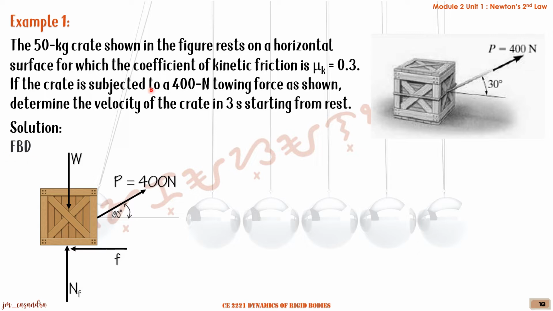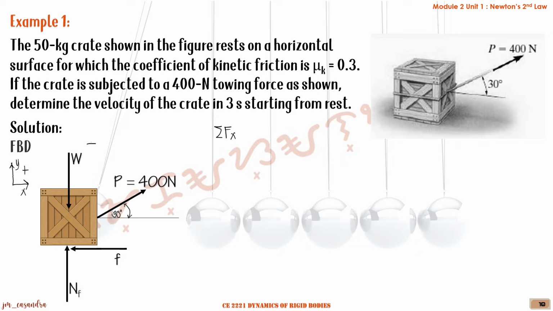For our next step, we now solve for the summation of forces along x and y. First, the summation of forces along our x direction. X here is our positive direction.